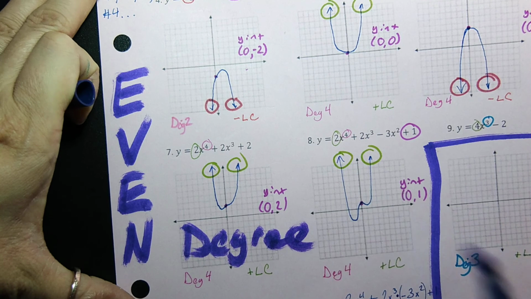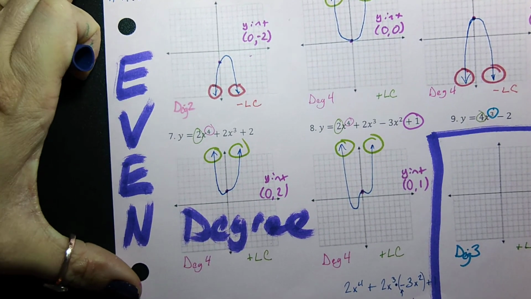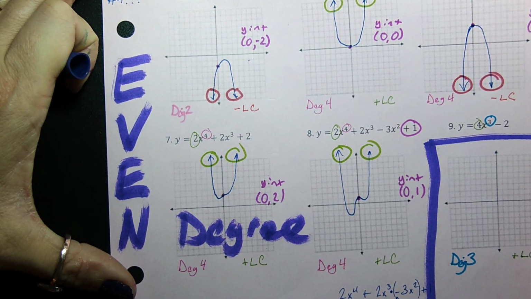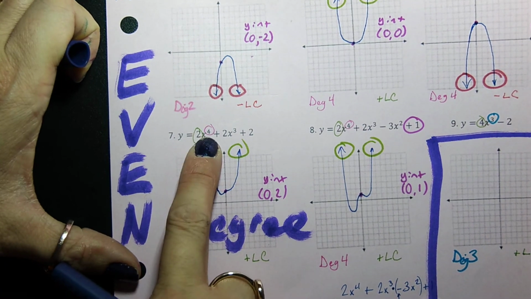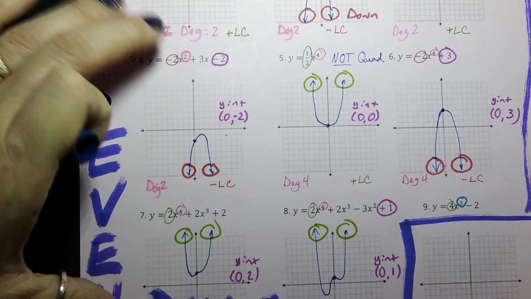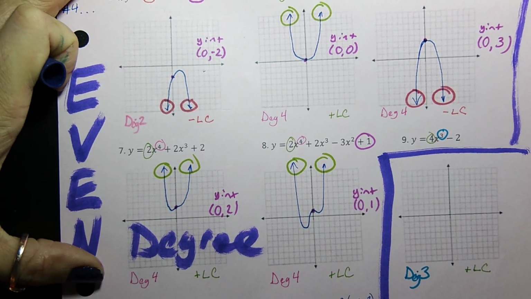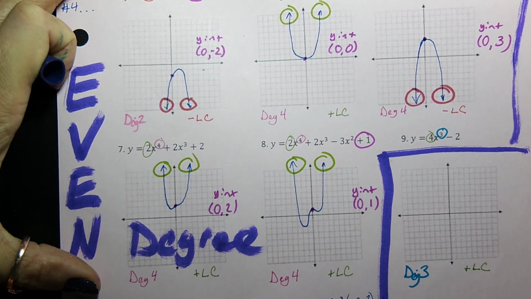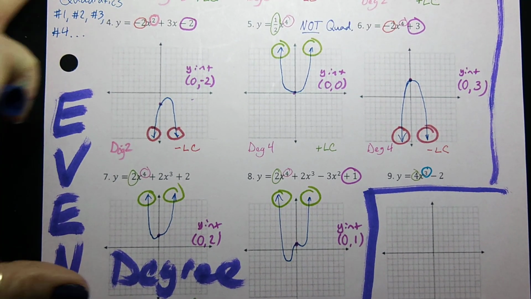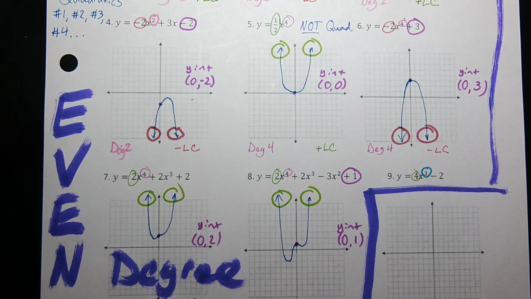This marker is awful. Even degree. This has a degree of 4. It's an even number. This has a degree of 2. It's an even number. So what is the difference between an even degree graph and what we're going to see next as an odd degree graph?